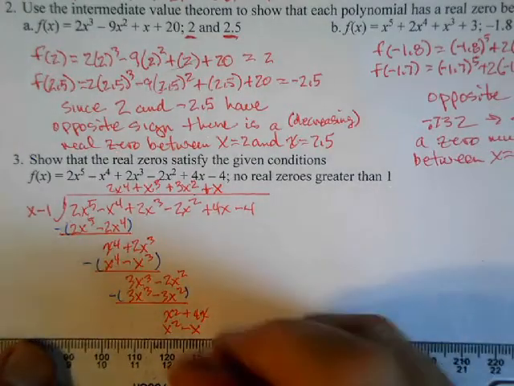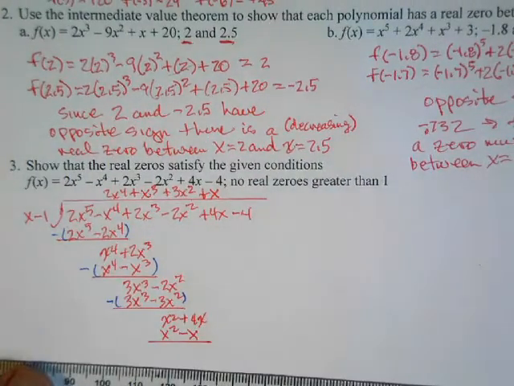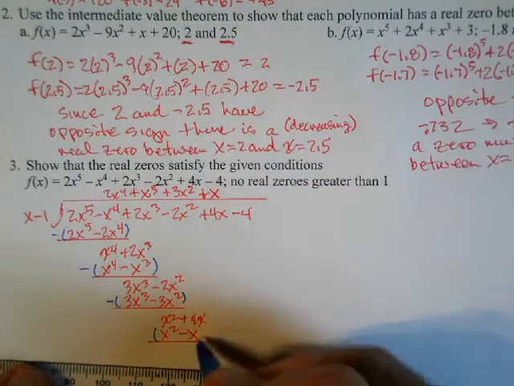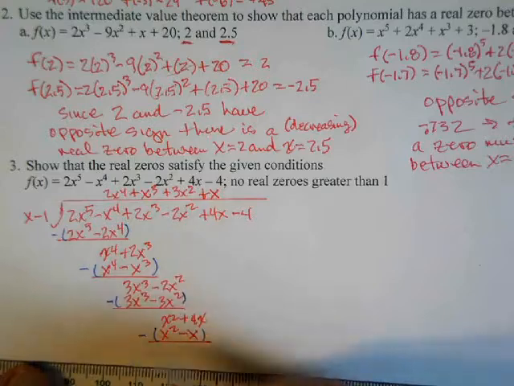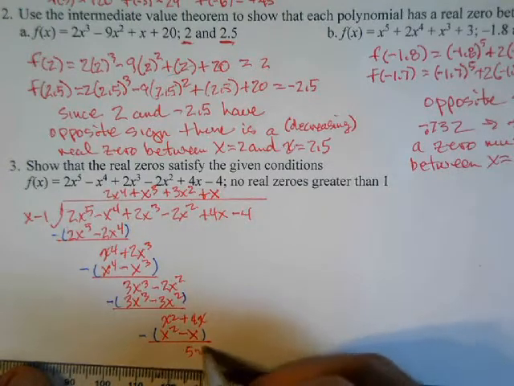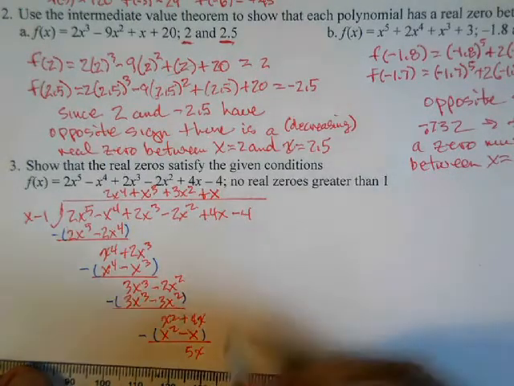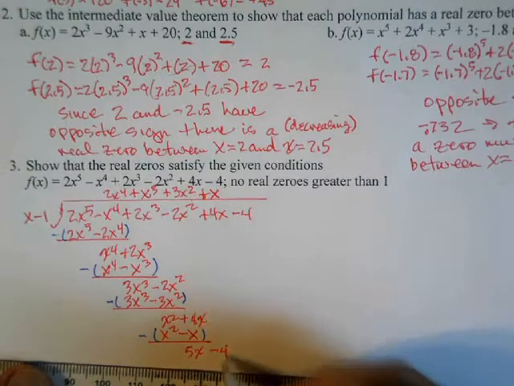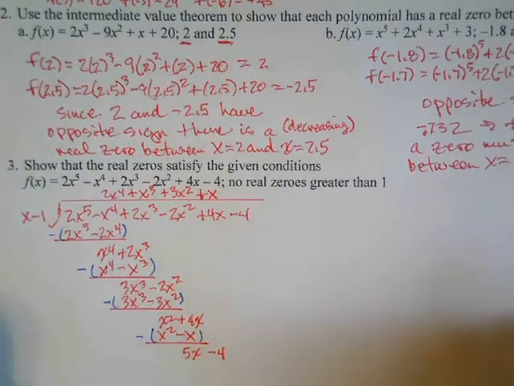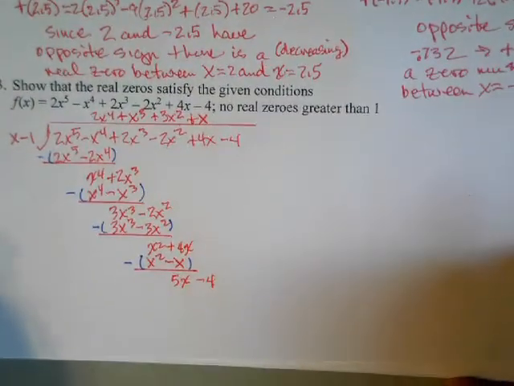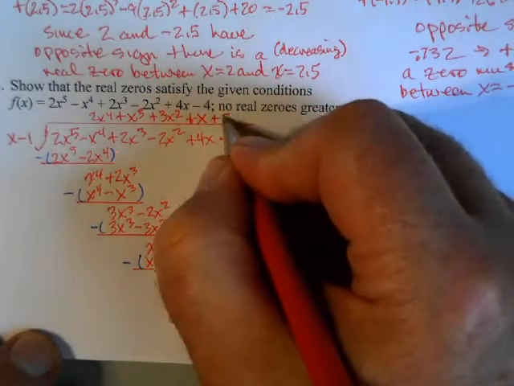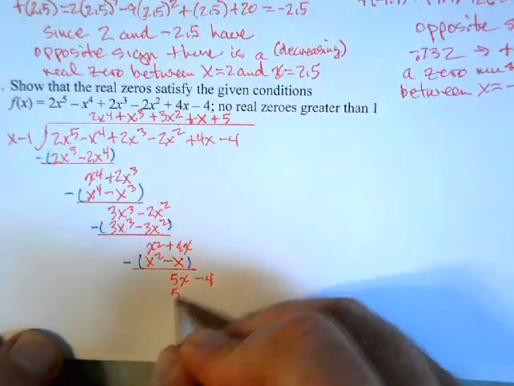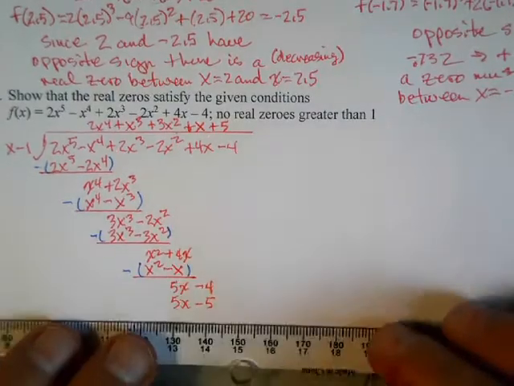So the x squareds are gone. 4 subtract a negative makes it 5x. Bring down the 4. And so now I have a plus 5. So 5x subtract 5. The 5x's are gone.